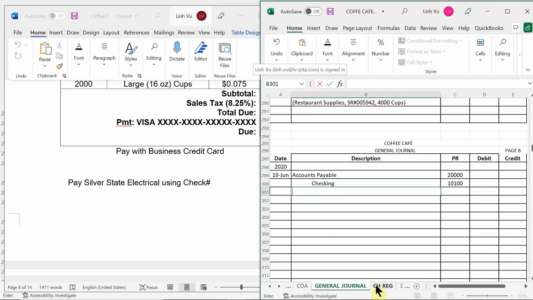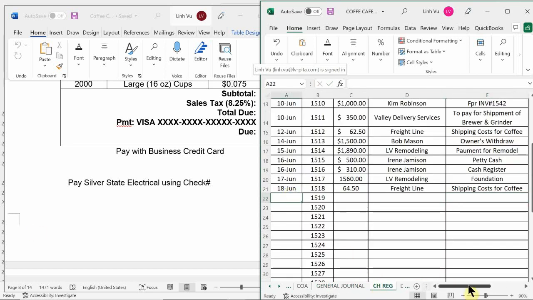So I gotta go write my check first for 1070. And who am I making the payment to? Silver State Electrical.